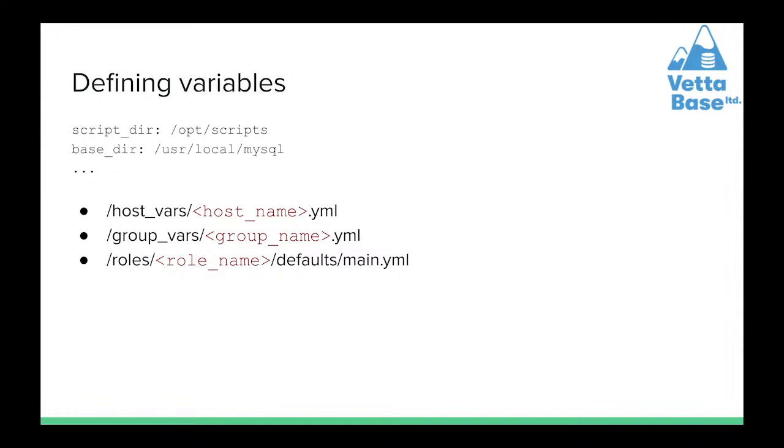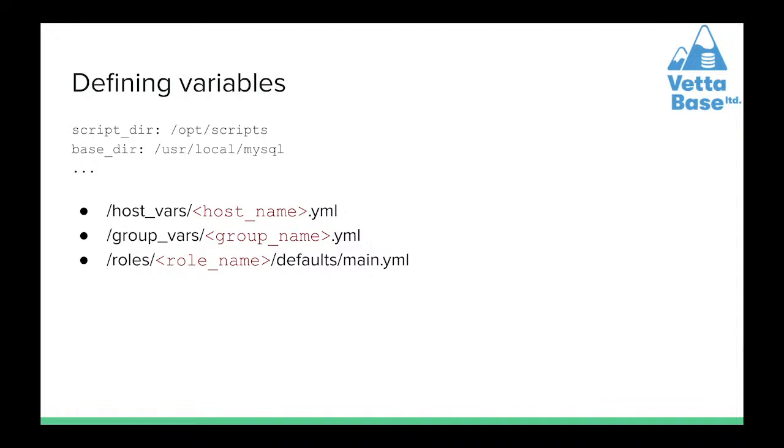Okay, so how to define variables? Well, first of all, here you can see the syntax, which is again YAML, and there are several places to define variables. The most common choices are the ones listed here. So they can be listed in the host_vars directory. The name of the file should correspond to a host name and should have the extension YML.